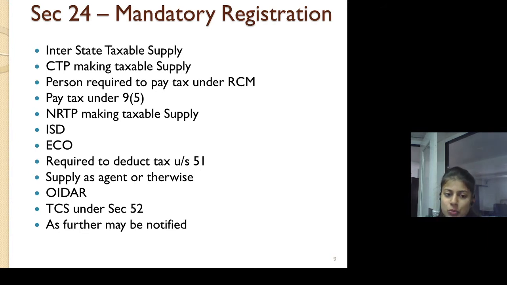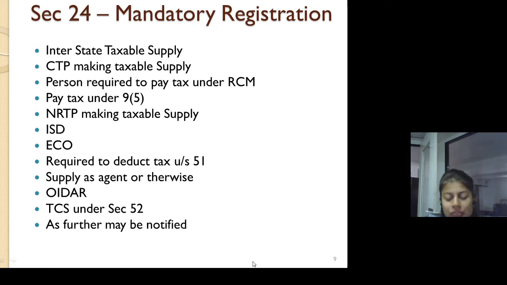Various branches are supposed to take that credit. So for distribution of that credit, for which that particular branch or that particular state GST is supposed to take that credit, an input service distributor is formed. So those people are required to take a mandatory registration.